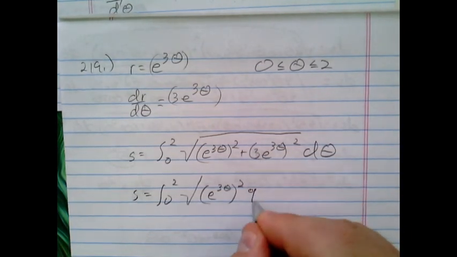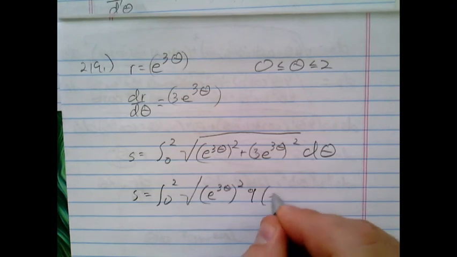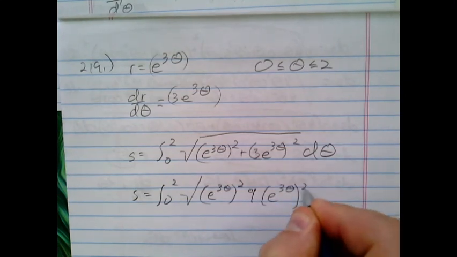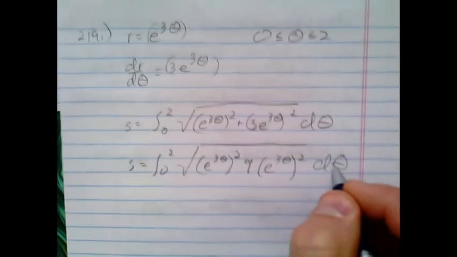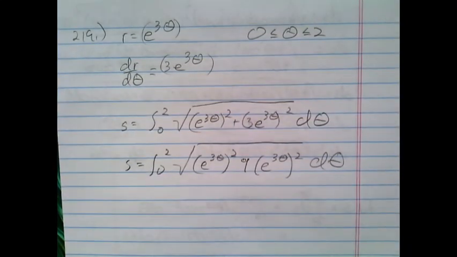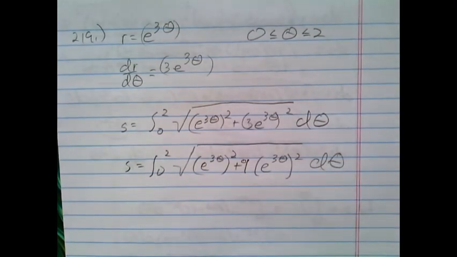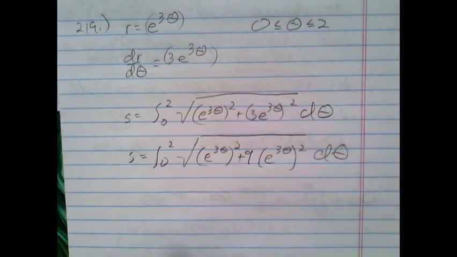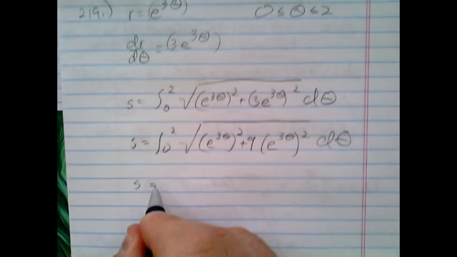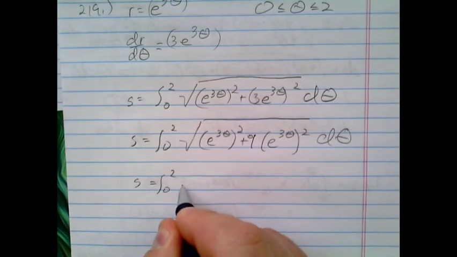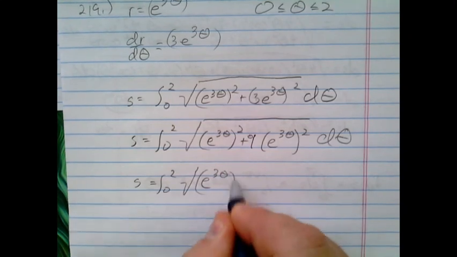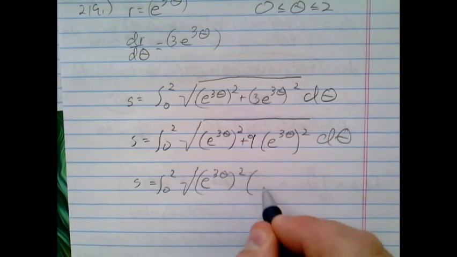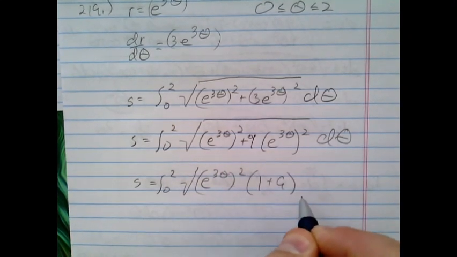Let's make that a 9, but then still an e to the 3 theta squared. Alright, so I've got e to the 3 theta in both of these terms. They're added together. Let's factor that e to the 3 theta out. So I've got square root of e to the 3 theta squared times 1 plus 9.